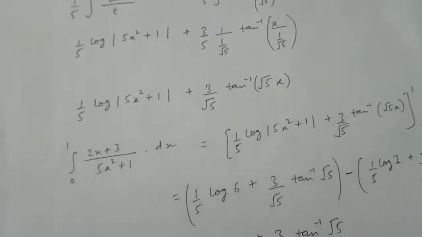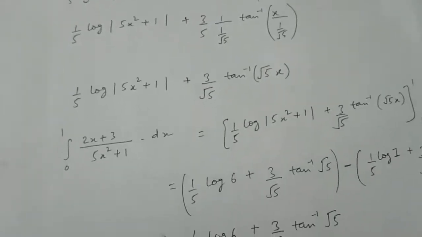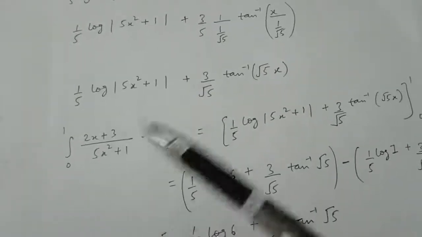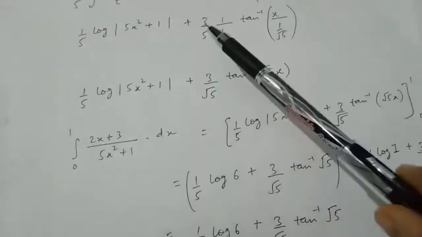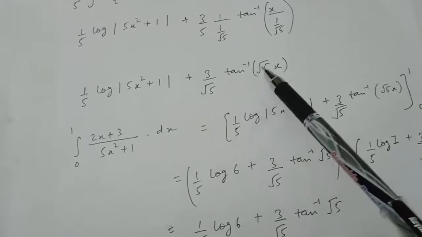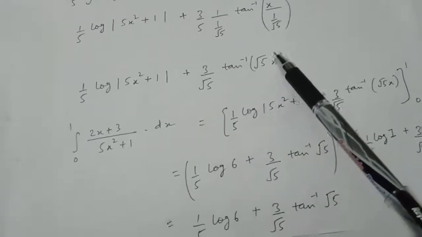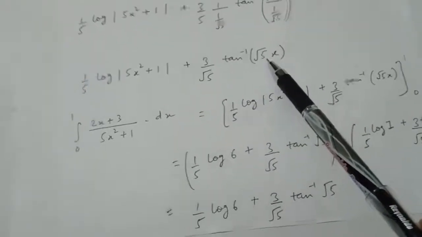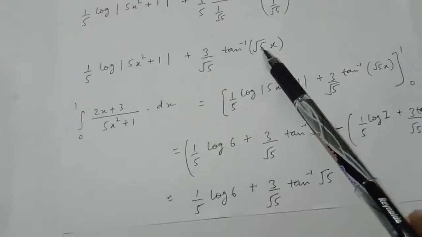So you will get 1 by 5 log mod 5x square plus 1 plus, when you solve this, 3 by root 5 into tan inverse root 5x, right? So this is the integral of the given function.